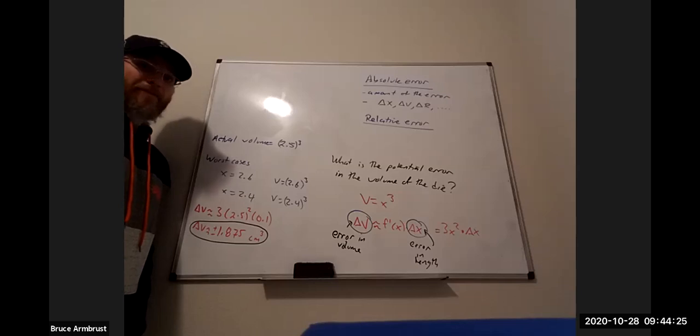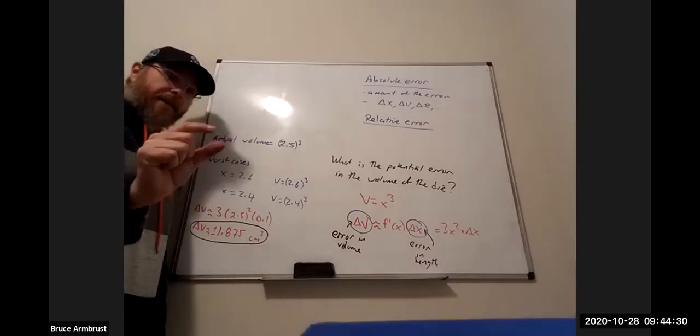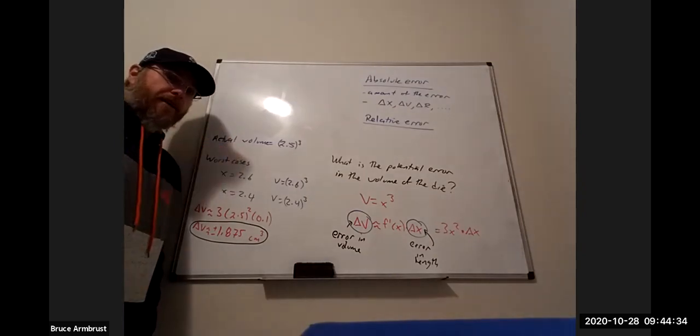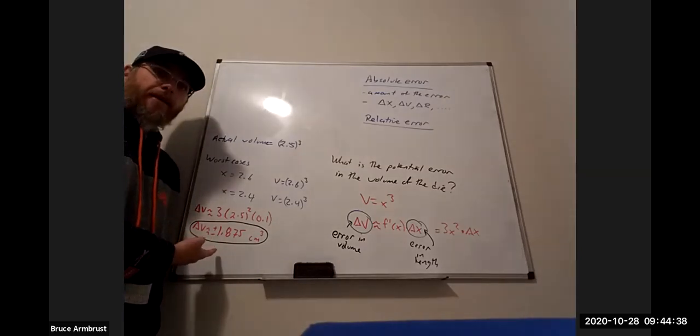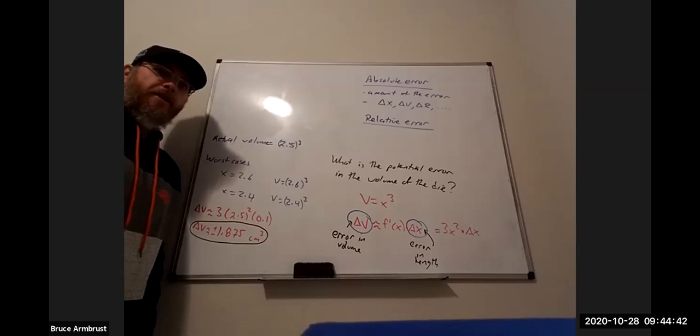Okay, is that good? Is that bad? Well, I don't know. If you just have a little die that's 2.5 centimeters on each side, that could be kind of significant. But what if instead we are talking about the measurement of the volume of Earth?